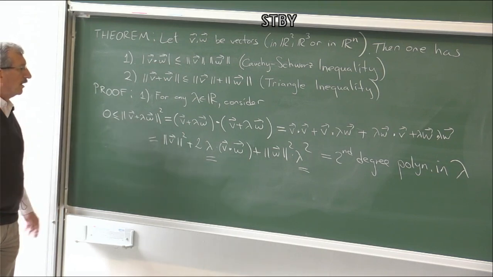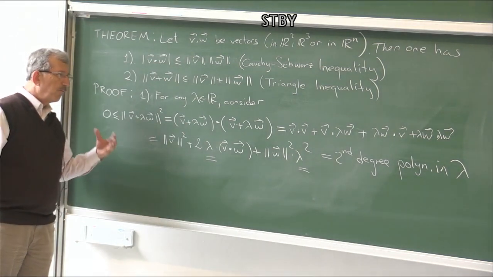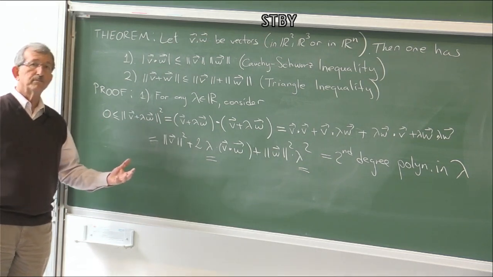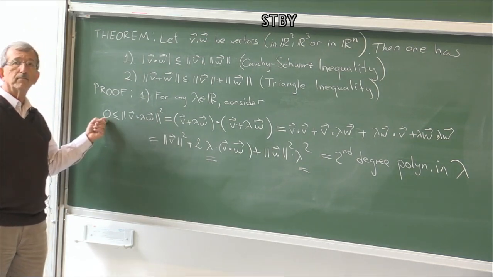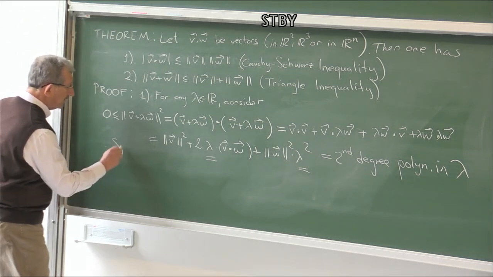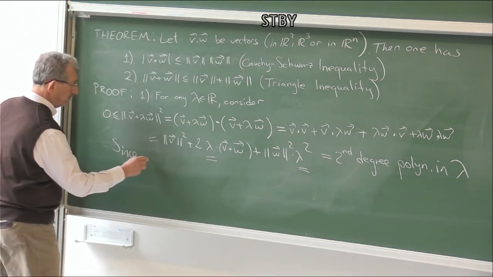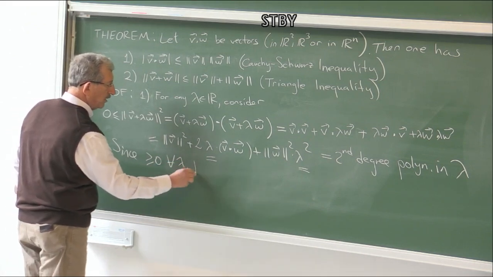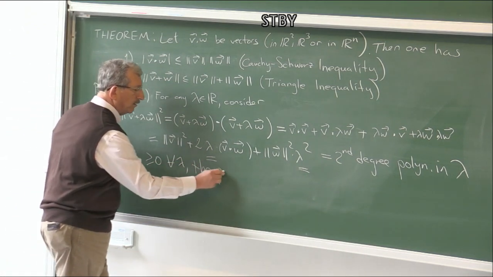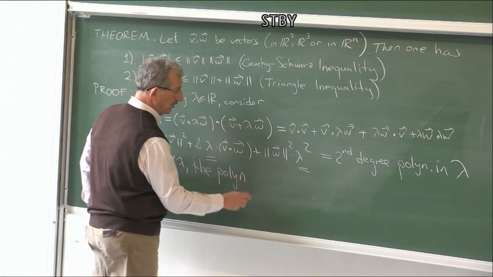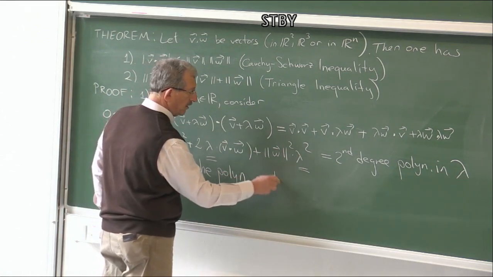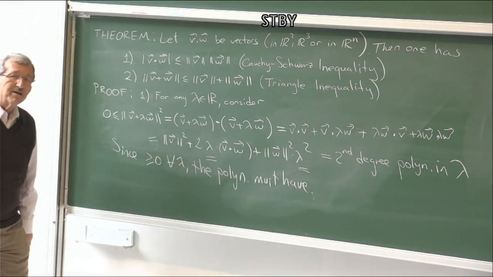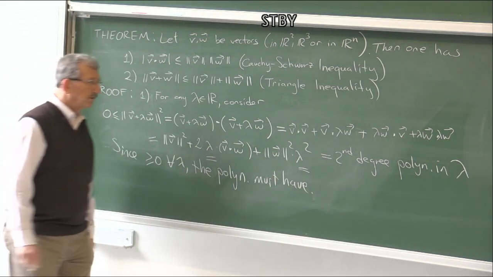So if a polynomial of degree 2 is always non-negative, it means that the polynomial must have a discriminant which is not positive.